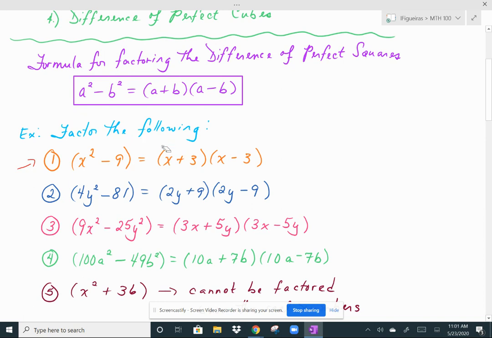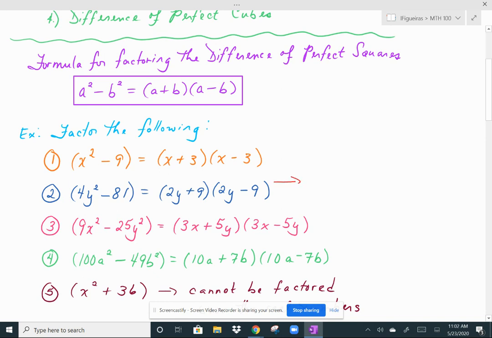Okay, let's go on to the next one. So we have 4y squared minus 81. Again, both 4y squared and 81 are perfect squares, and we are subtracting them. Square root of 4y squared is 2y. Square root of 81 is 9. So our factors are 2y plus 9 and 2y minus 9.